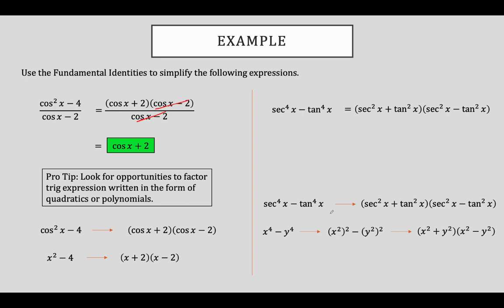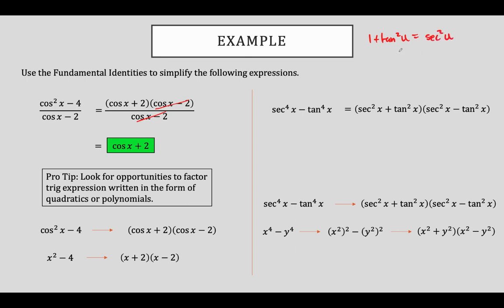Well, we've got groupings of squared trig functions, and more specifically, let's look at this one here, secant squared x minus tangent squared x. We had the Pythagorean identity: 1 plus tangent squared u was equal to secant squared u.